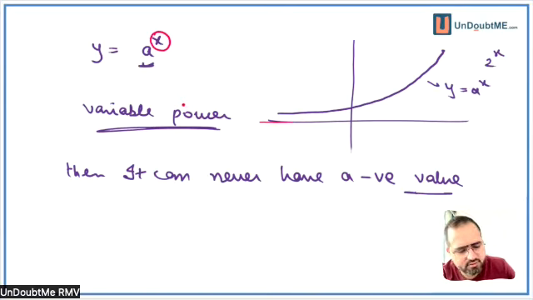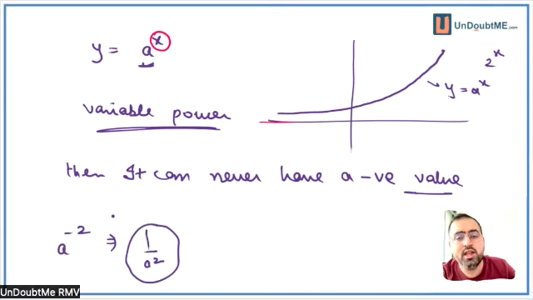When x is negative, I'll give you an example. Let's say we have a to the power -2. It will become 1 over a square. It will become a very small value. So you can see over here that when the inputs are negative, this function is becoming almost equal to 0. Almost equal to 0 means it is having a very small value.